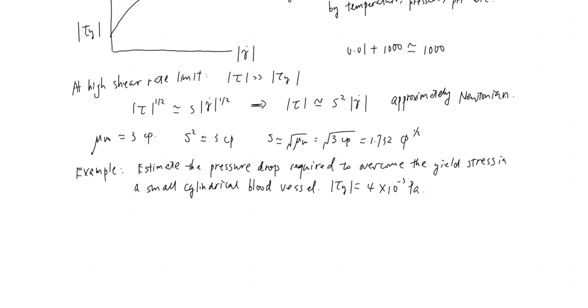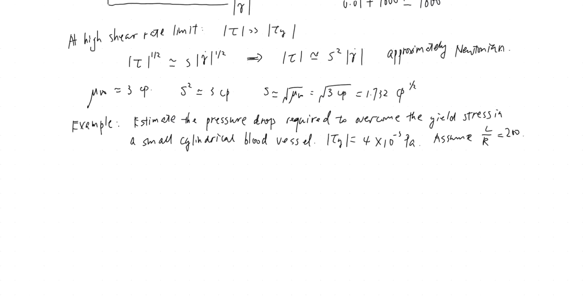So we don't need too much pressure. And assume for this problem that L divided by R, the length of the blood vessel divided by the radius of the blood vessel, is 200. Okay, let's see how we analyze this problem. So here is our blood vessel.